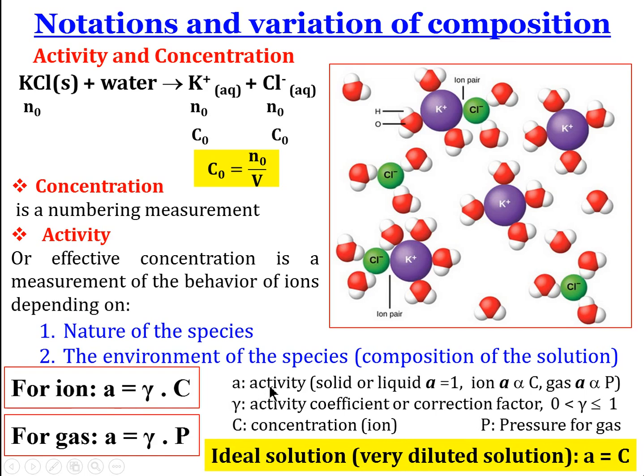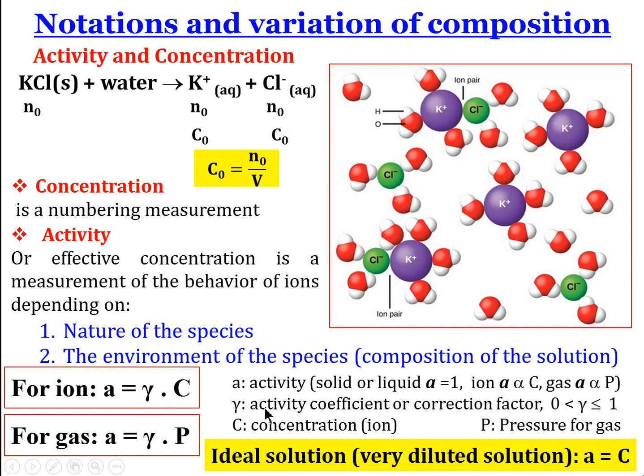So the activity for an ion is directly proportional to the concentration, and the activity of a gas is directly proportional to the pressure. And if the substance is solid or liquid, by convention, we use the activity 1.